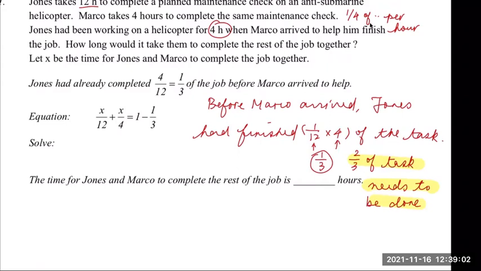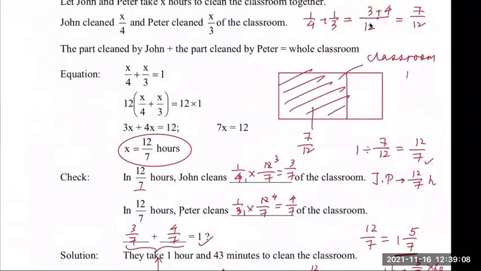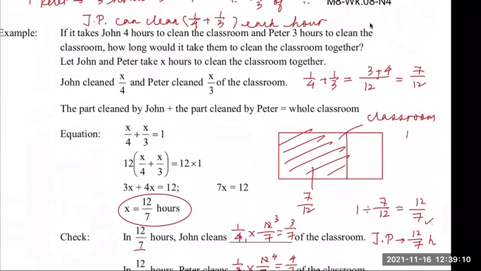So this problem is a little more complicated than the example that we just did over here. For that example, John and Peter started working together, so we don't need to subtract the work that was already completed.